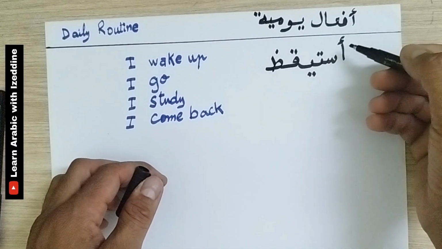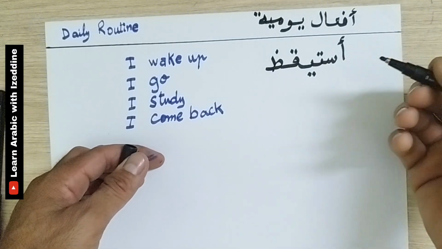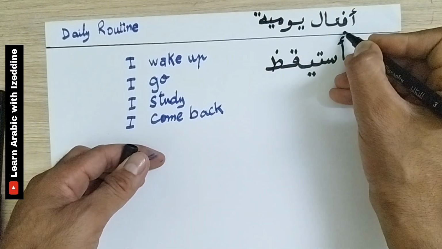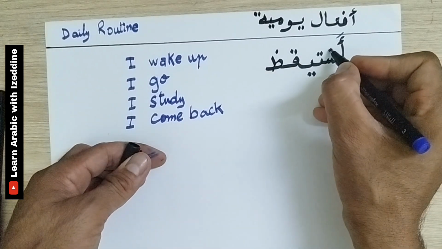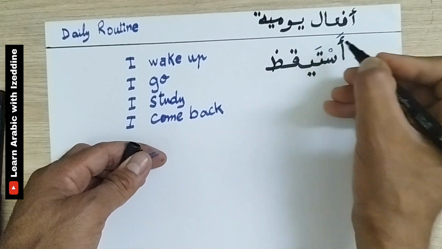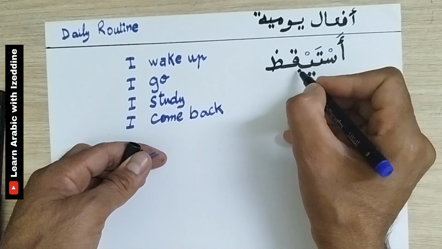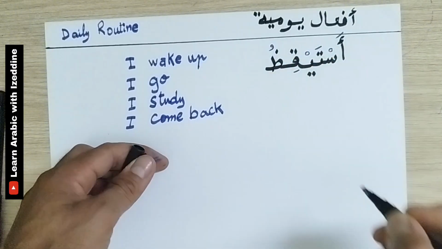This is harf al-alif, so how to pronounce it? A, we put fatha. A, S, T, Y, Q, Z.